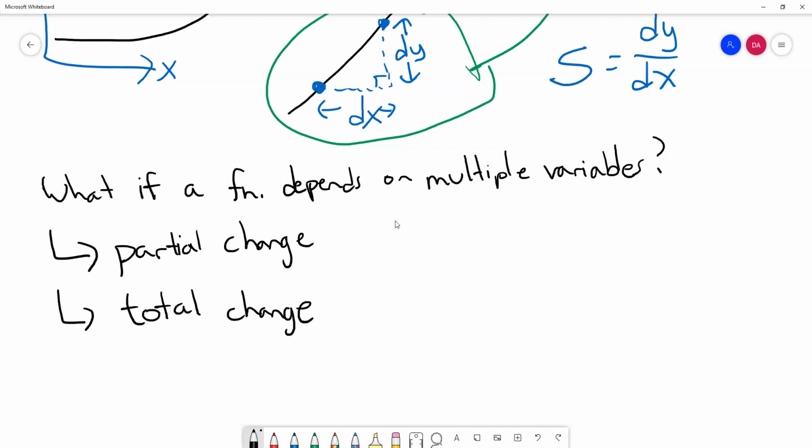And analyzing changes in terms of partial terms or total terms is actually not that complicated. So I'm going to start by defining what a partial change is, and then later, we're going to see how we can use partial changes to actually find total changes.